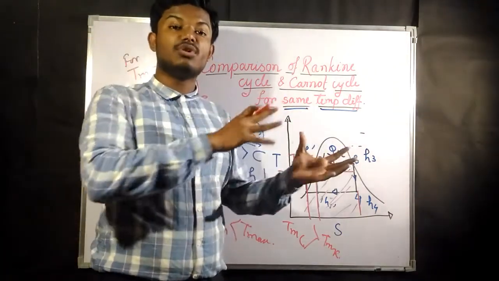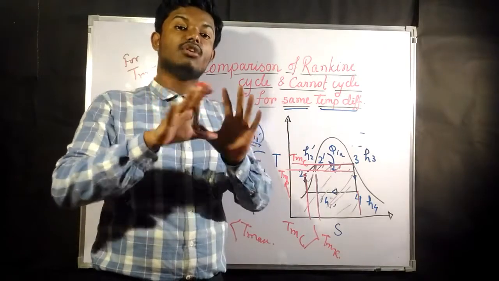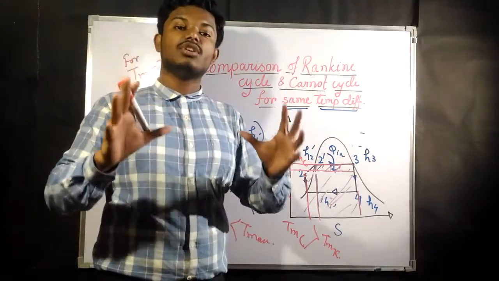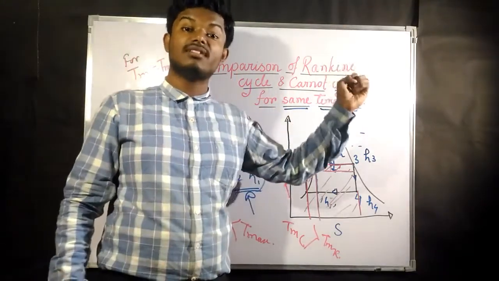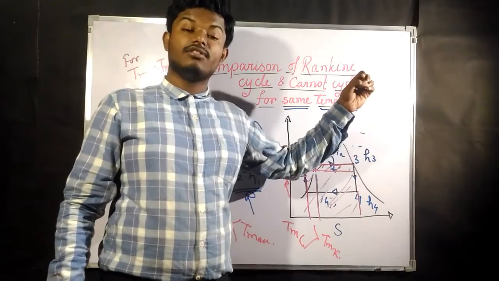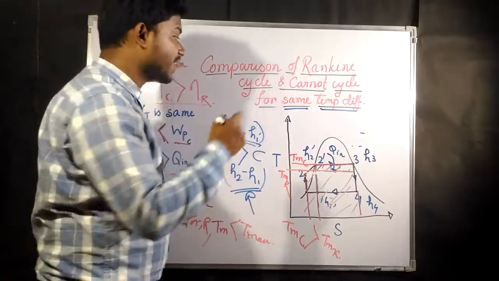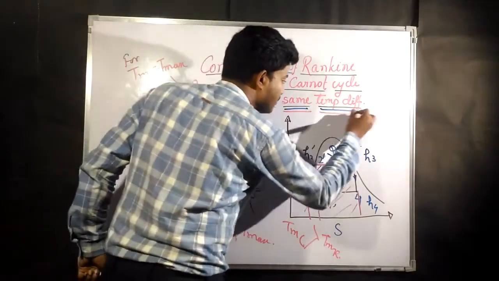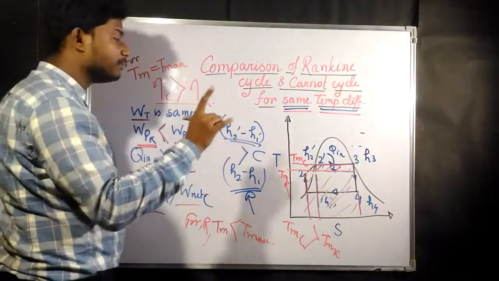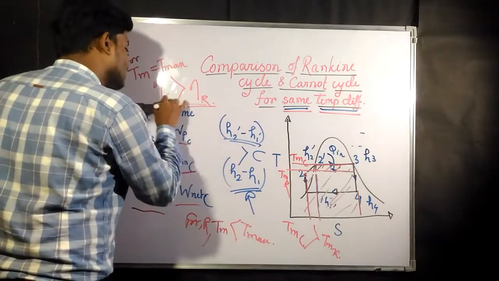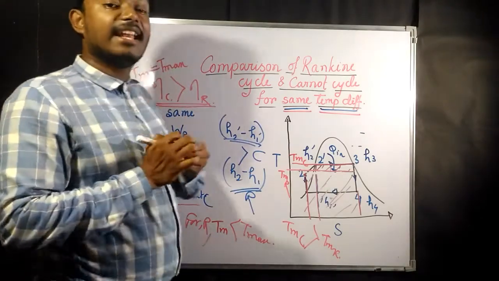Now, in the previous board we said, don't get confused: if the efficiency is always higher, then how come the work done was greater in the case of the Rankine cycle? In this board we have mentioned clearly that for the same temperature, Carnot cycle efficiency is always going to be higher than any other cycle.